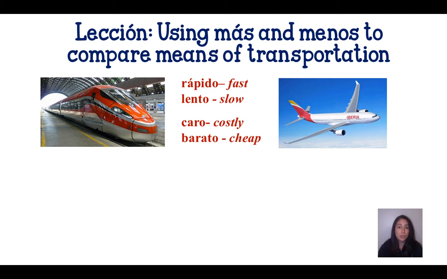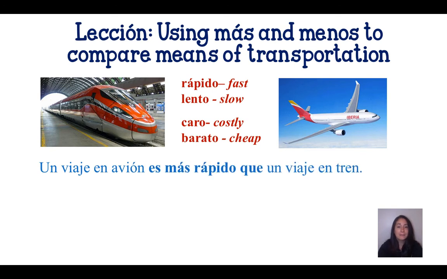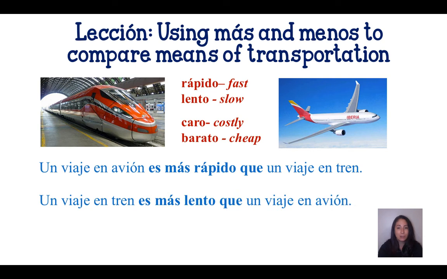So to say this, we can express it by saying, un viaje en avión es más rápido que un viaje en tren. That's saying that a trip by plane is faster than a trip by train. On the other hand, we could also express the same idea by saying, un viaje en tren es más lento que un viaje en avión. Here I'm saying that the train is slower than the plane.